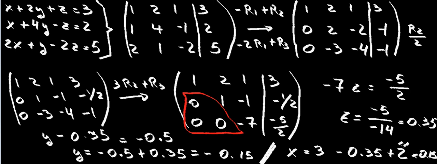So x equals 2.95. And this is the solution. The x value here, the y value here, and the z value here. So x equals 2.95, y equals minus 0.15, and z equals 0.35.